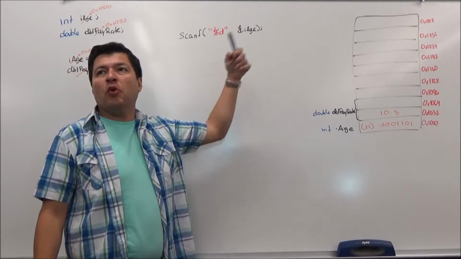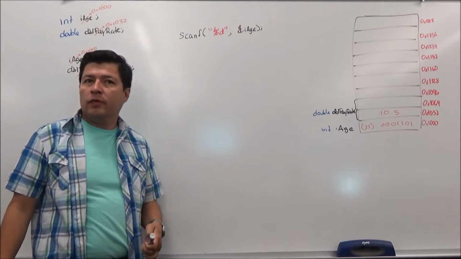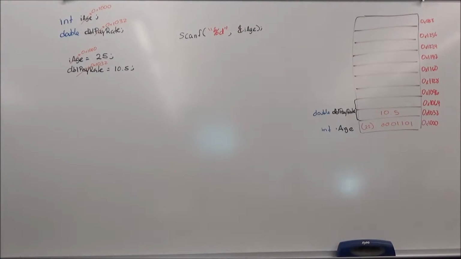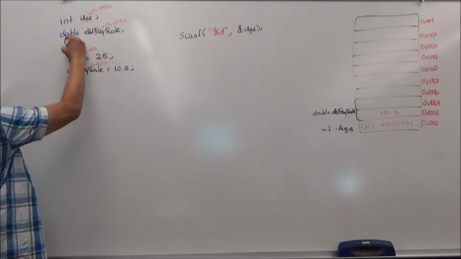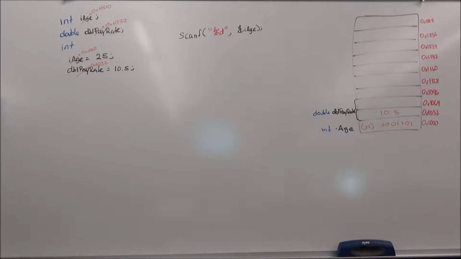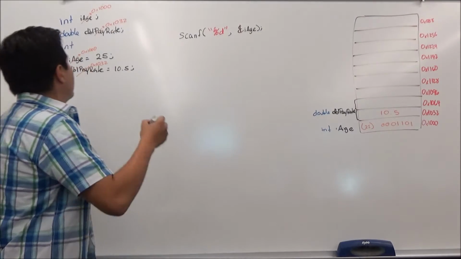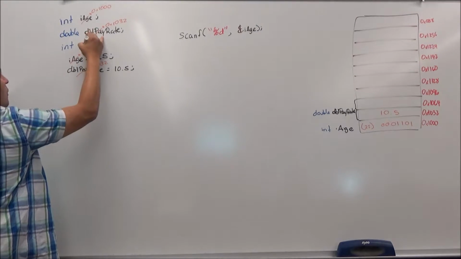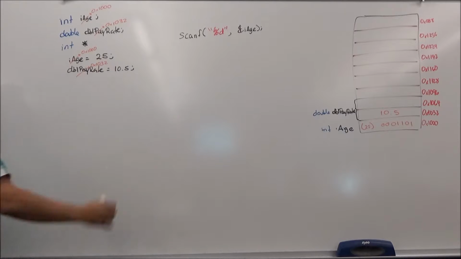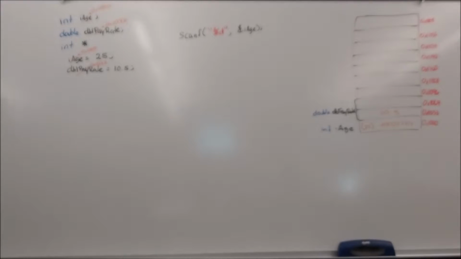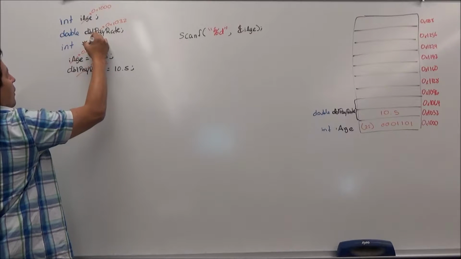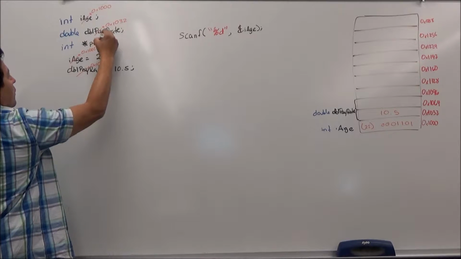Where is that address pointing to? So let's say if it's pointing to an integer, it's the same thing, you know, it's an integer, but to say it's a pointer, I have to use star at the beginning, and then I'll call it pointer to age maybe.